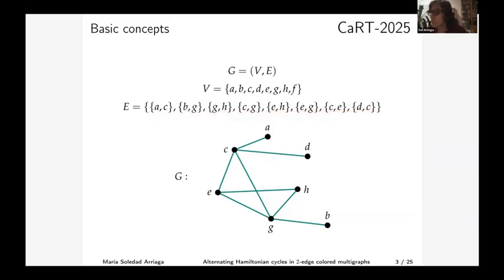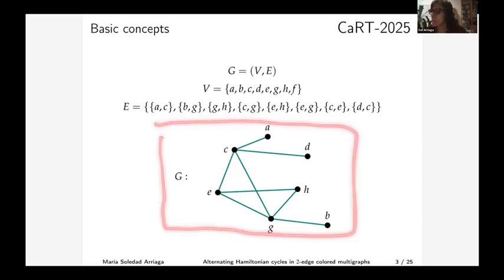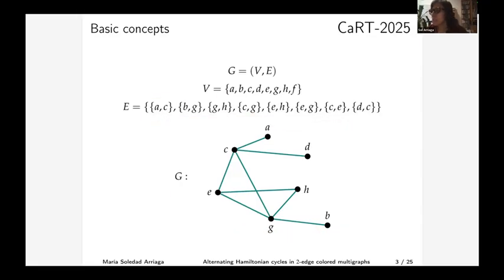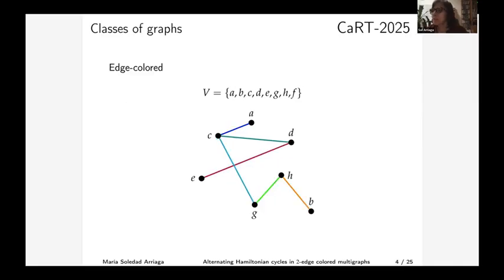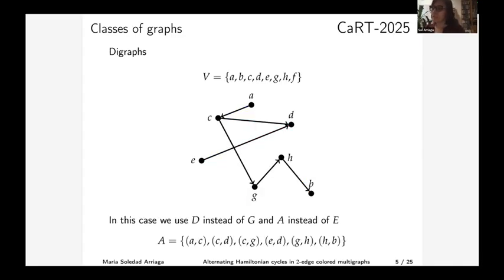It's usual to make drawings to represent graphs by putting dots for vertices and lines for the edges. There exist several classes of graphs, and I will talk about two of them: the class of edge-colored graphs, with color in their edges, and the class of digraphs.